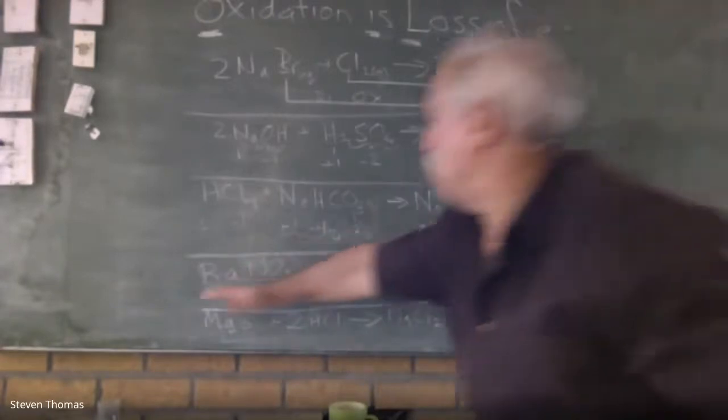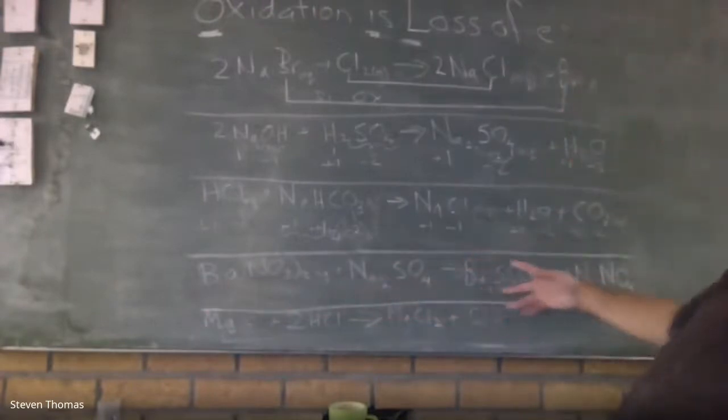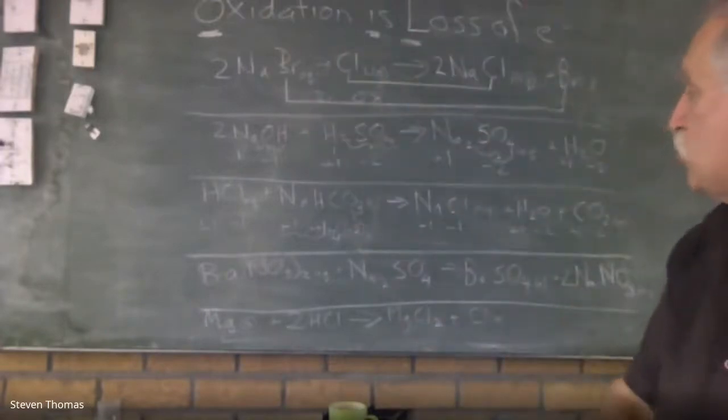Okay, the next one: barium nitrate plus sodium sulfate forms barium sulfate and sodium nitrate. Choose someone to do the next one. Ask them who's doing it next.